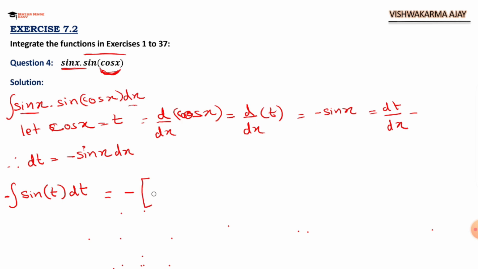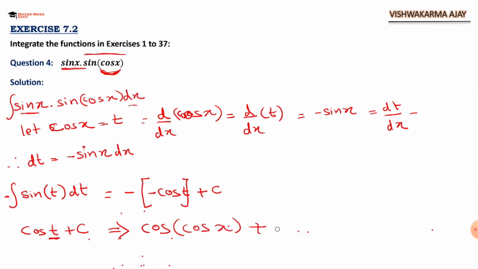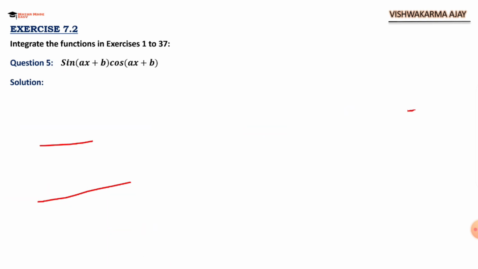Minus cos t plus c. This minus and this minus will become positive. So we have cos of t plus c. Don't forget to resubstitute the value of t, which is equal to cos of cos x plus c. I hope you got this question. Let's move to the next one.